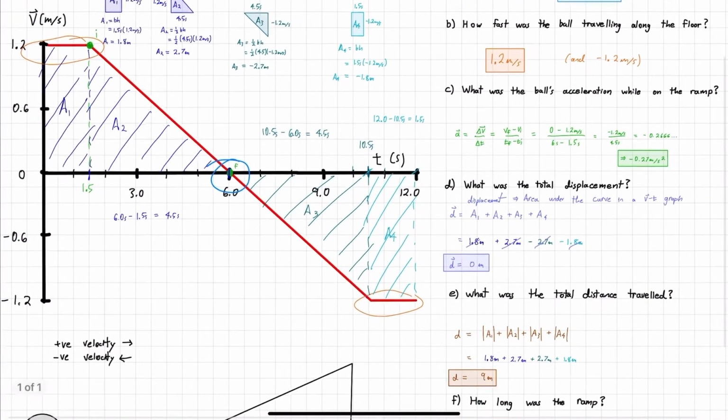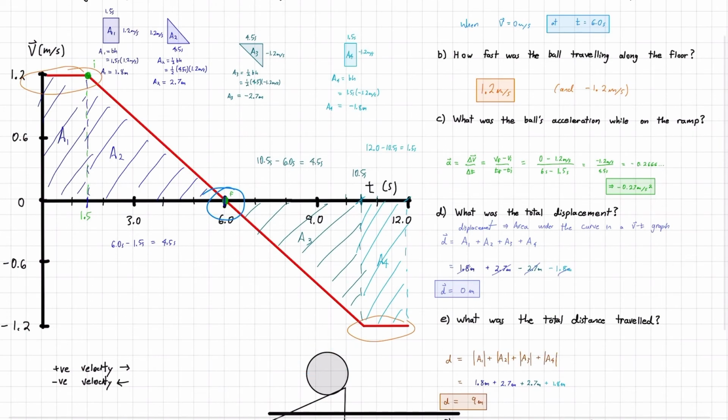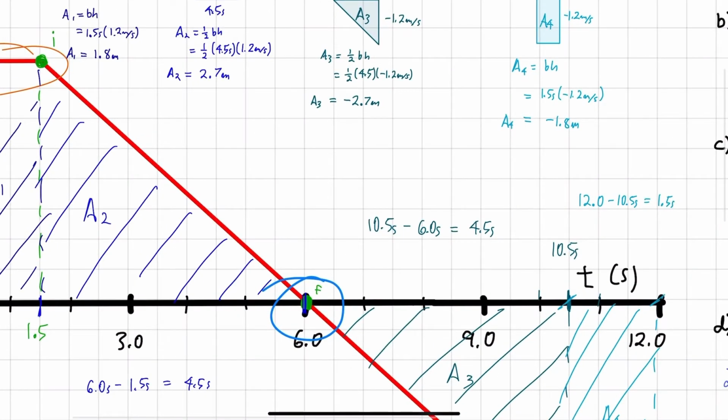Well, that shows us the distance traveled from the time the ball reaches the bottom of the ramp until the time the ball reaches the top of the ramp. So A2 is actually the length of the ramp.